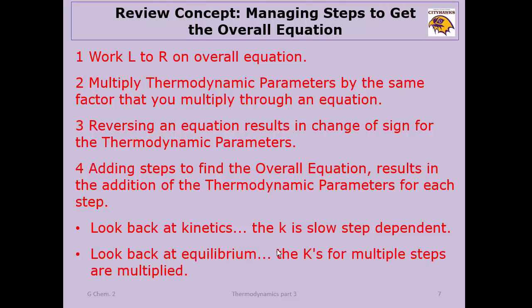So whenever you're adding the equations, the K's actually multiply. You go up one order of operation, right? So whatever you do to the equation, you go up one order of operation, that's what you do to the K's. So we added the equations, we need to multiply the K's. That's just a good reminder, and worth looking back so that you keep these three things separate whenever you're adding reactions.